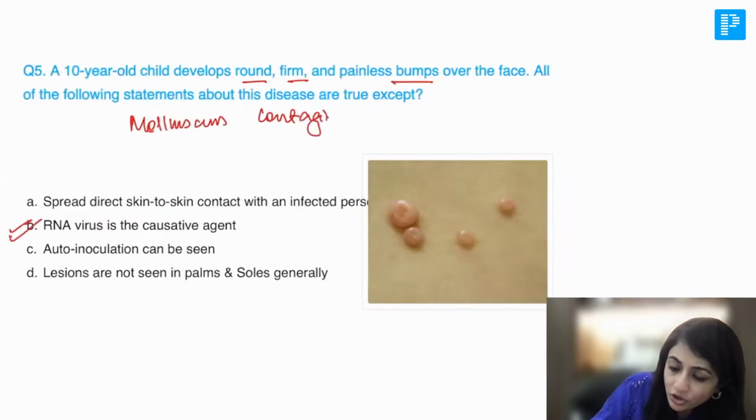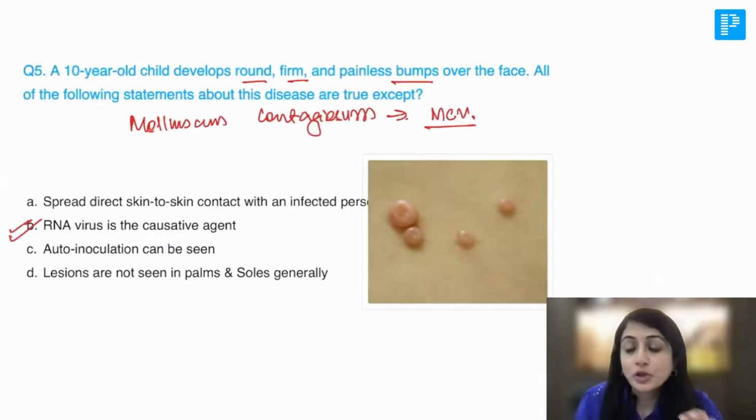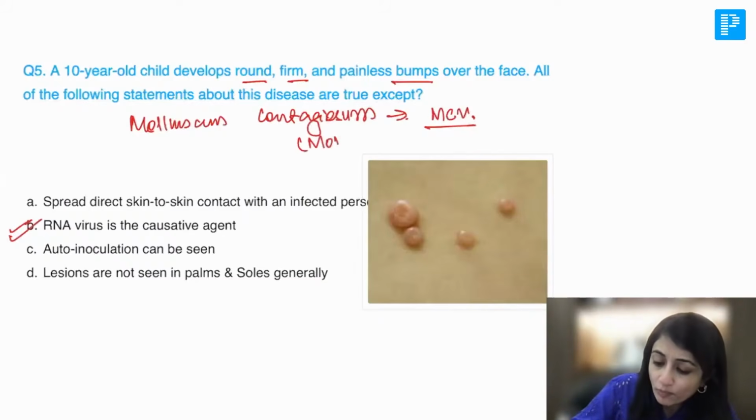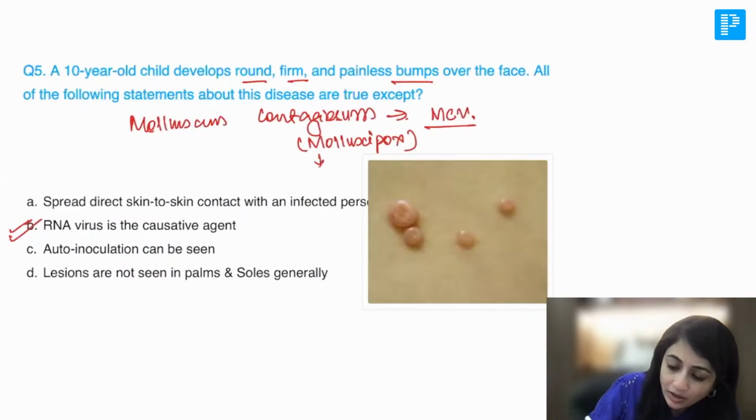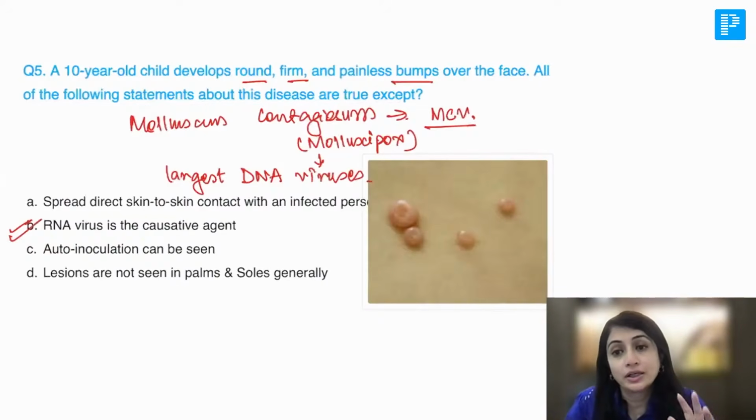Molluscum contagiosum is caused by a virus called molluscum contagiosum virus, which belongs to the family of pox viruses, which are the largest known DNA viruses. So these are not RNA viruses, these are the largest known DNA viruses.